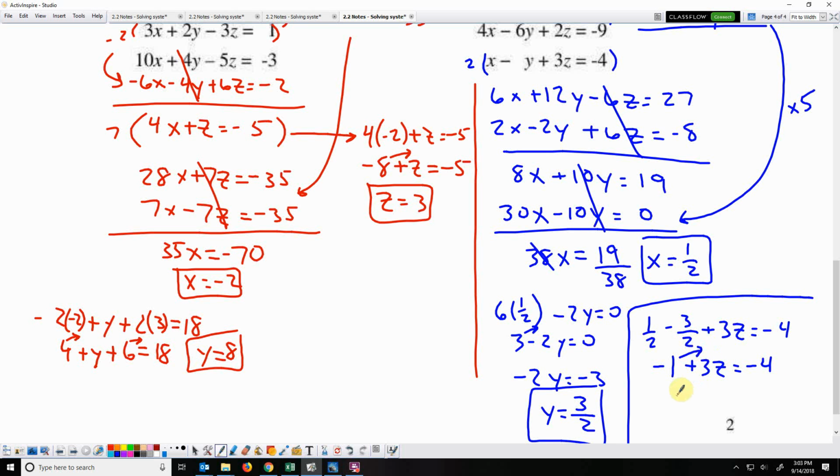So I can add that 1 over and get 3z equals negative 4 plus 1 is negative 3. Divide by 3, and I get z equals negative 1. So these lines intersect at the point 1/2, 3/2, negative 1.